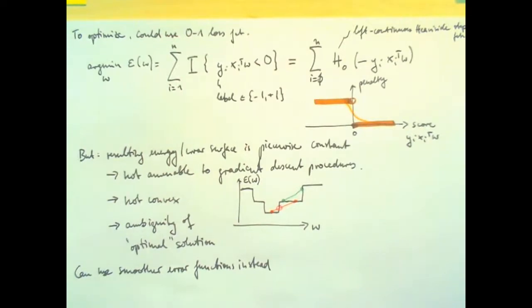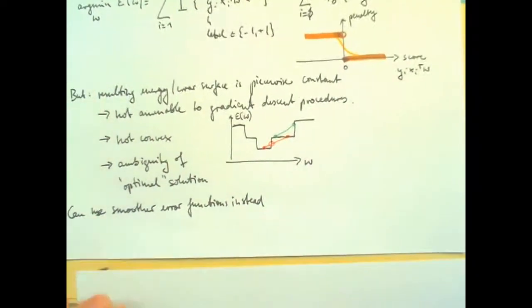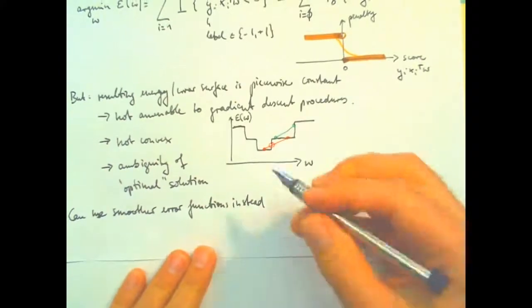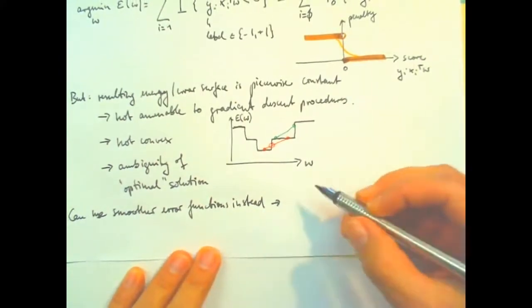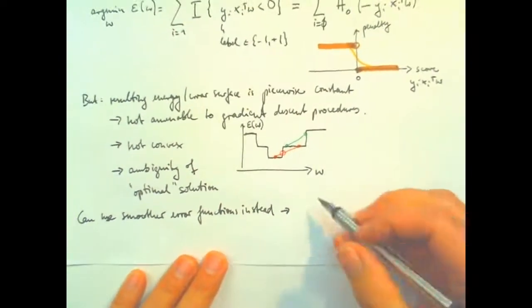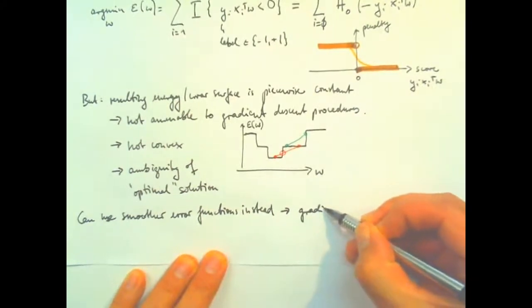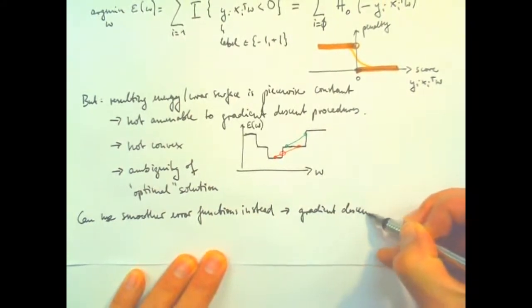So if we use smoother functions, gradient descent is possible.